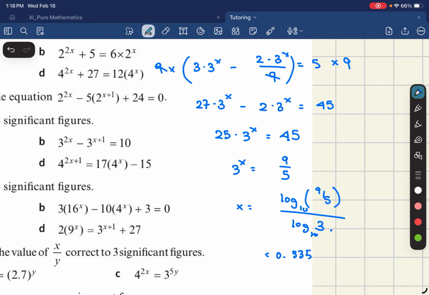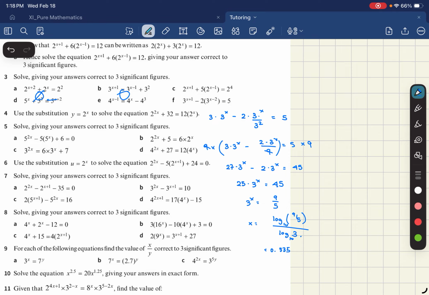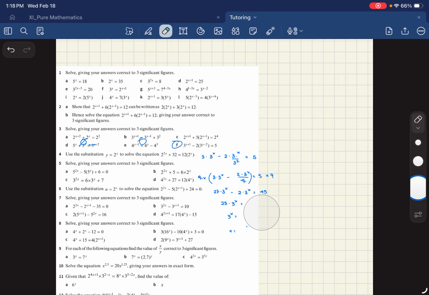And when you put it back, because we were doing, I think, f here, 3 to the power of your answer plus 1 minus 2 times 3 to the power of your answer minus 2, this should give you 5, which it does. So this is going to be your answer. So you can always recheck using your calculator.